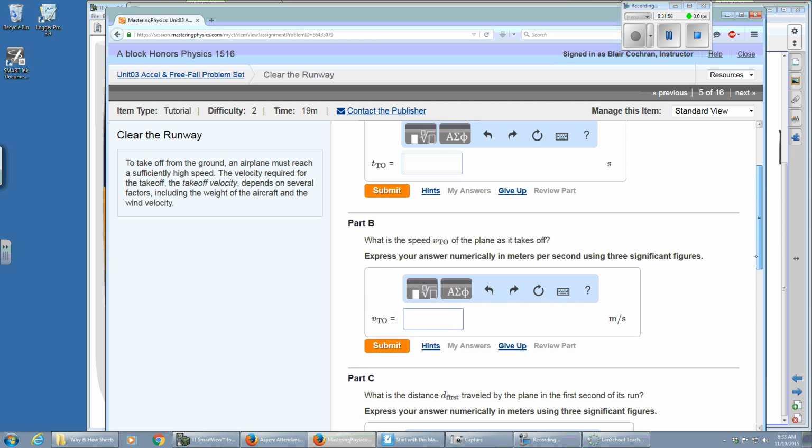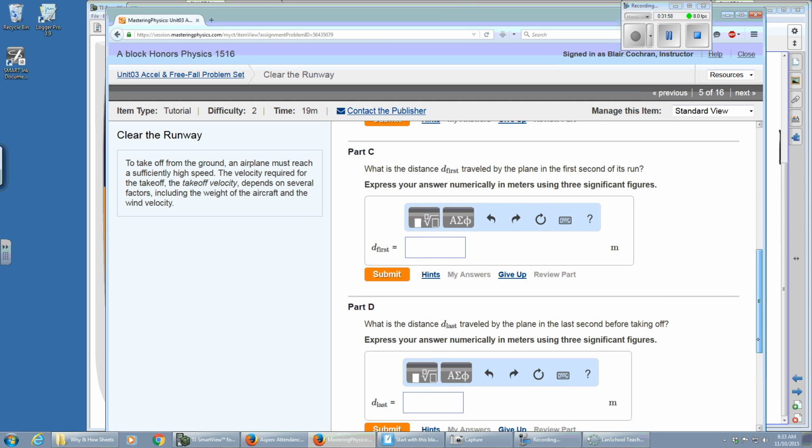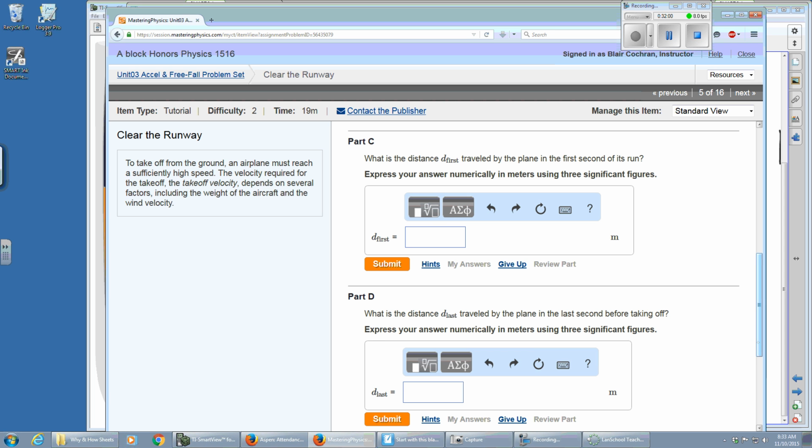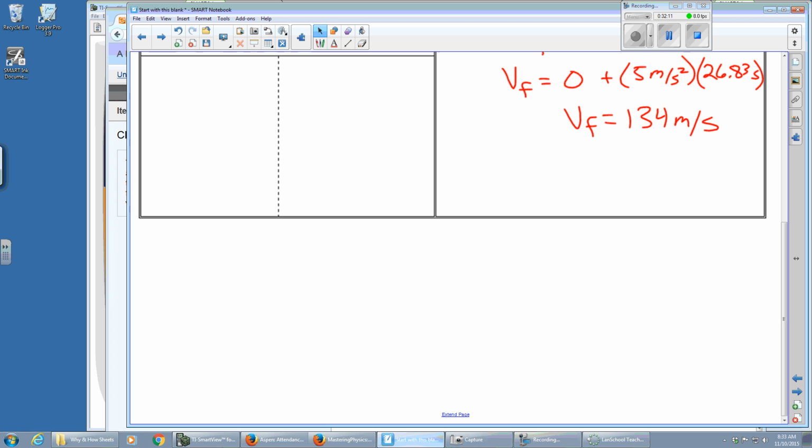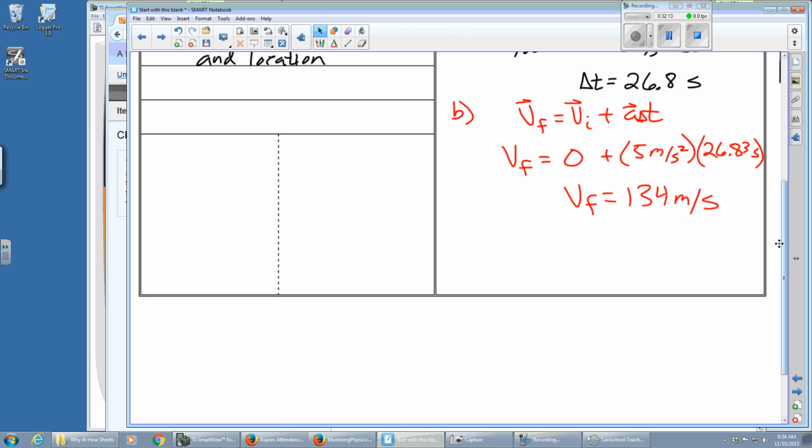Slow me down or stop me if I'm buzzing by it way too fast, okay? What is the distance traveled by the plane in the first second of its run? All right, so I'm going to go back to my d = d0 + v_initial Δt + 1/2 aΔt².